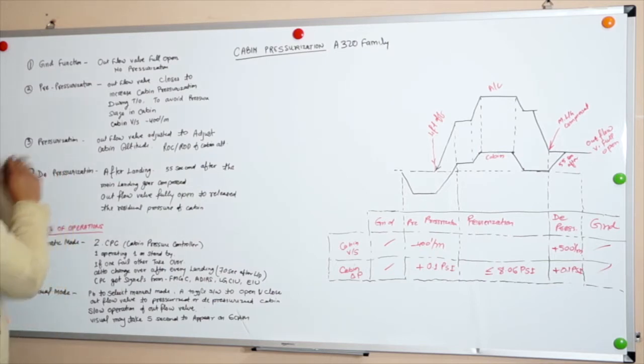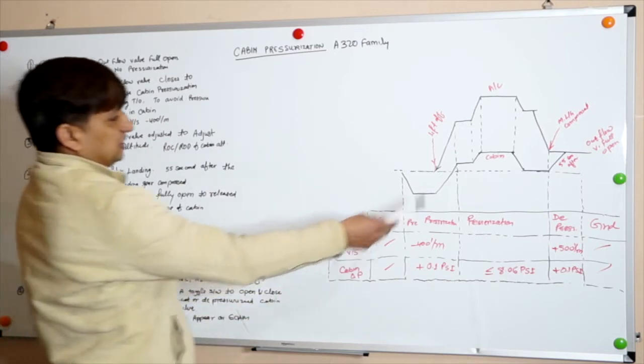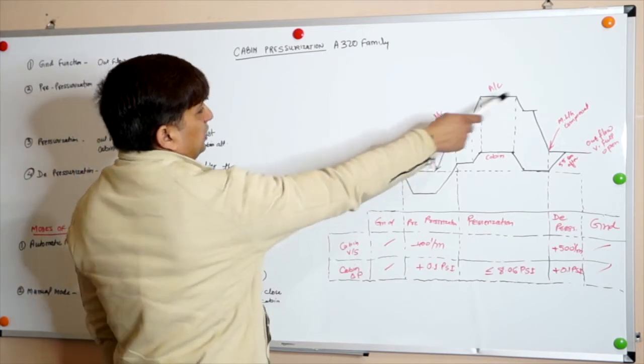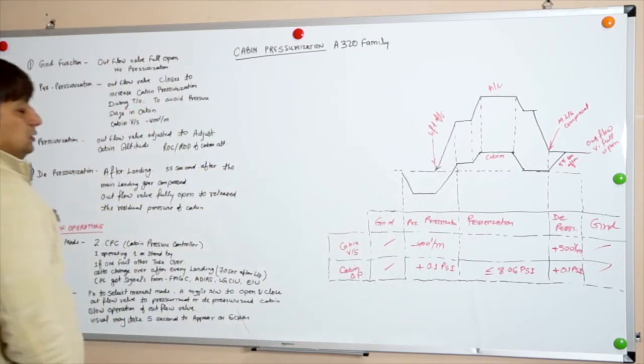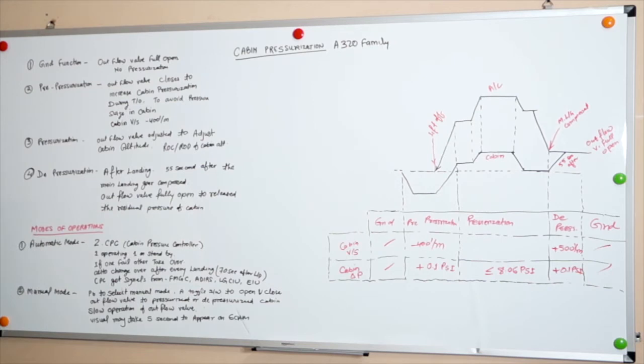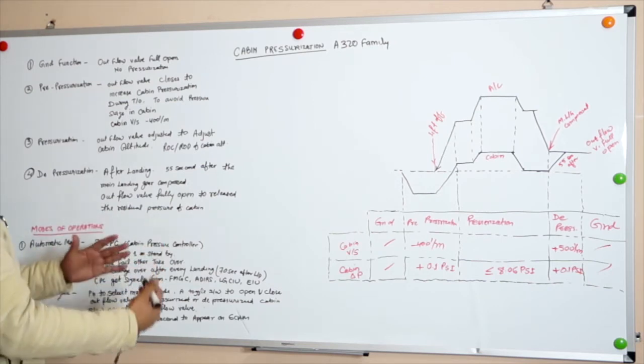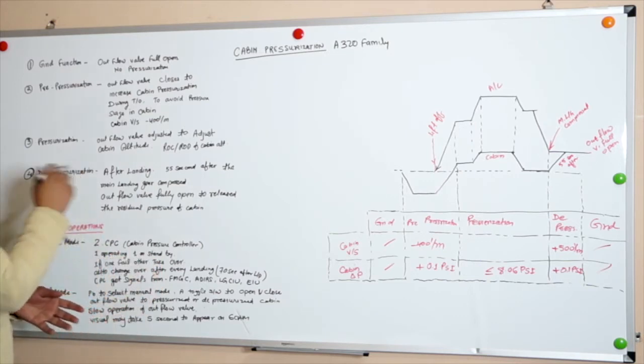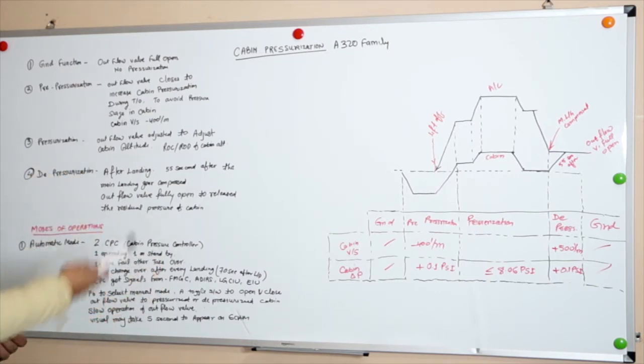Okay, next comes pressurization. In this, as we start climbing after lift off, and the aircraft comes to the cruise level, it will adjust the outflow valve to adjust the rate of climb or descent, to adjust the cabin altitude as per the requirement of the comfort of the passengers.